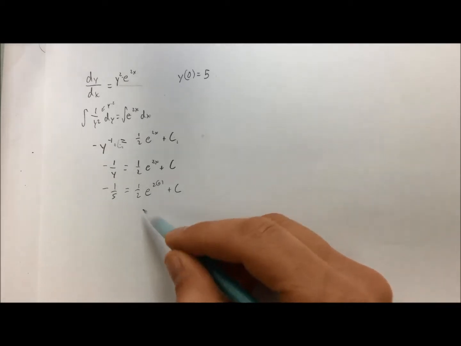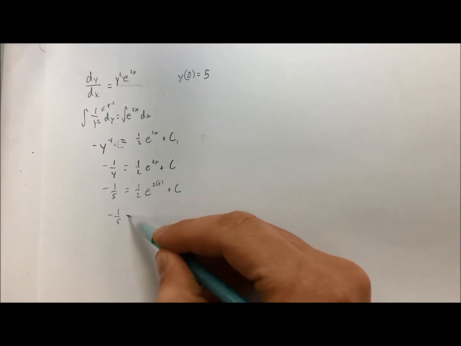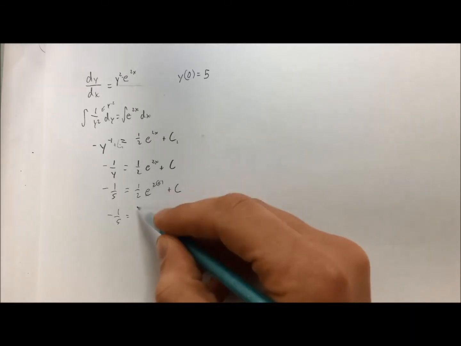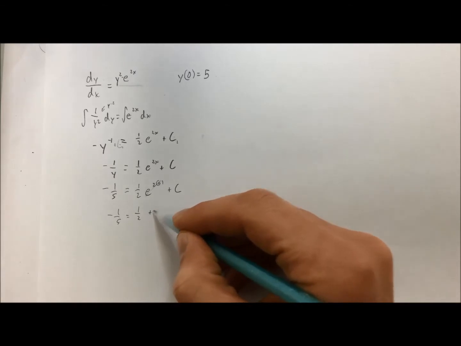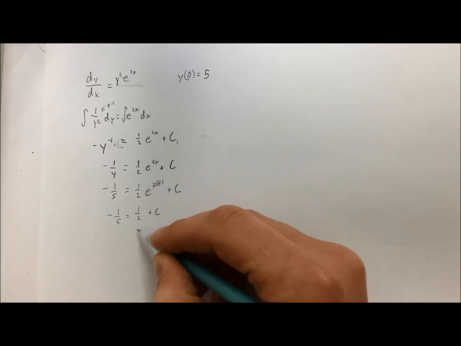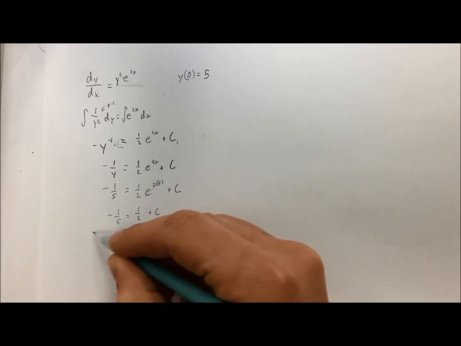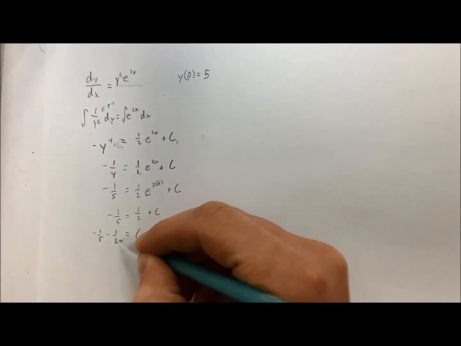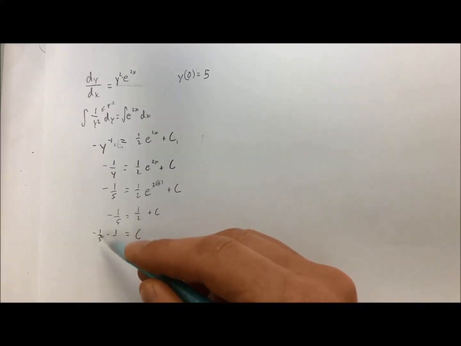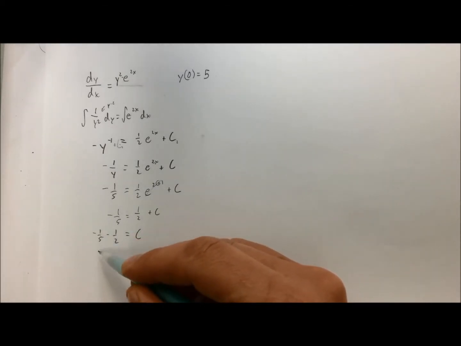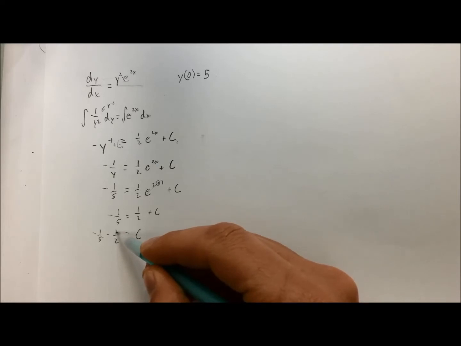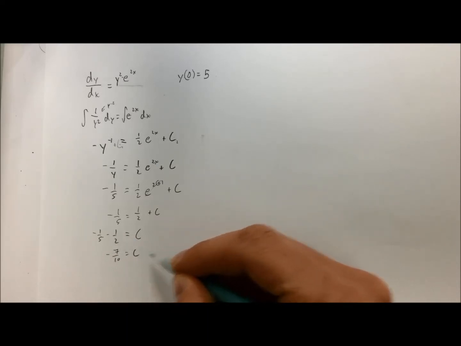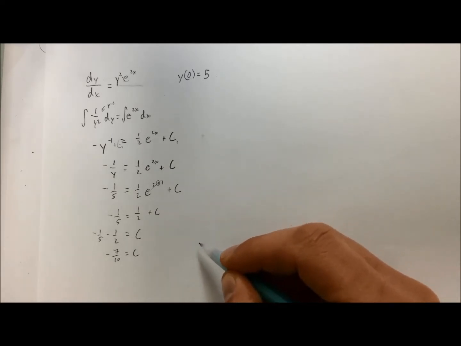And so this is going to give me negative 1/5 is equal to, that's just going to become 1/2 plus some constant, or c is equal to negative 1/5 minus 1/2. Common denominators is going to be negative 2/10 minus 5/10, so we're going to get negative 7/10 is equal to c.